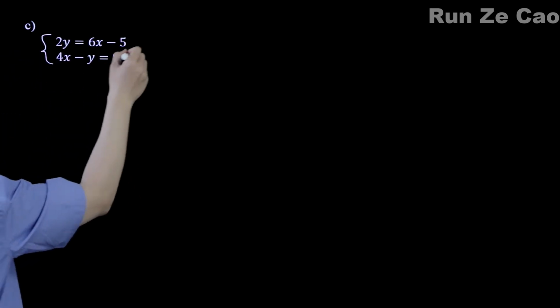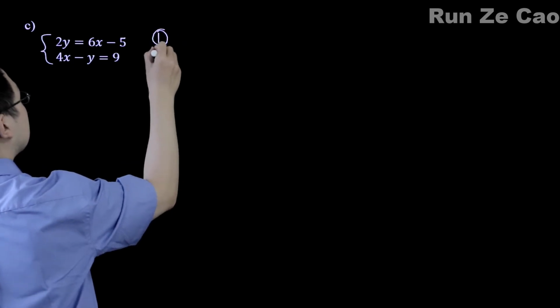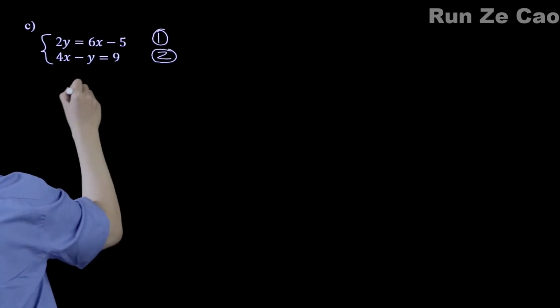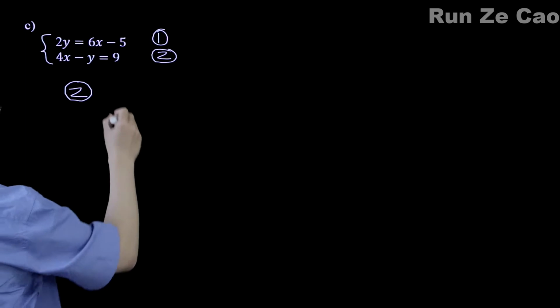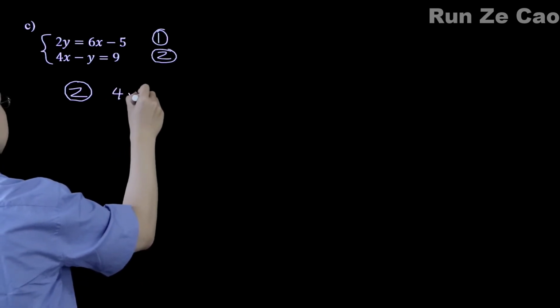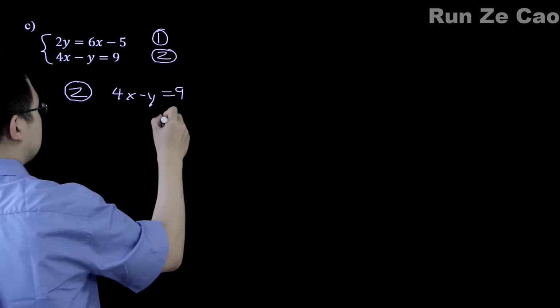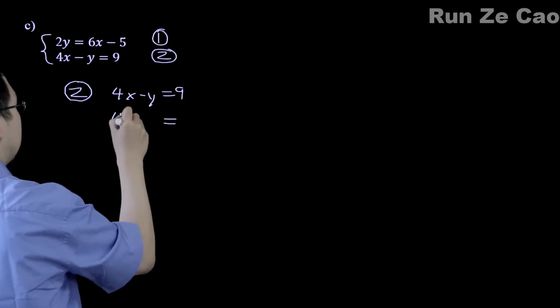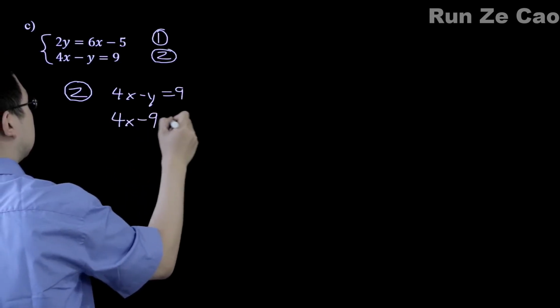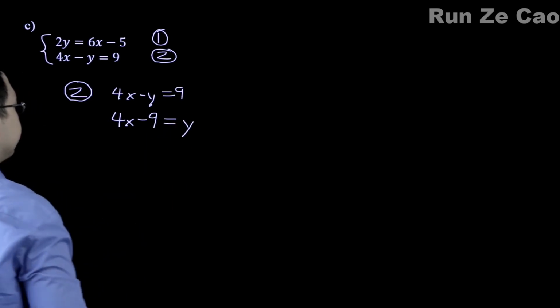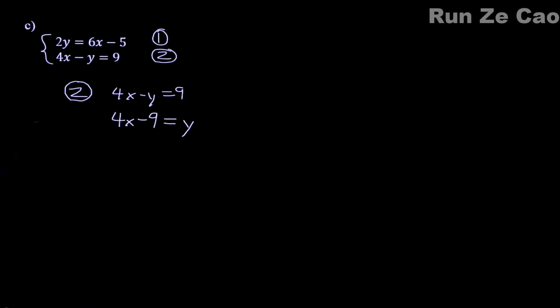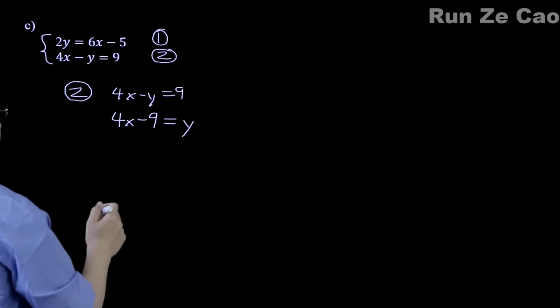Well, so 2 is 4x minus y equals 9. 4x minus 9 equals y. Now, this can now be substituted into 1.